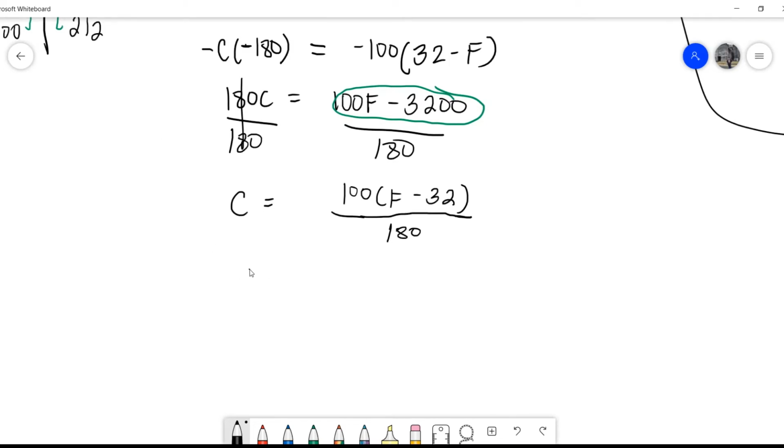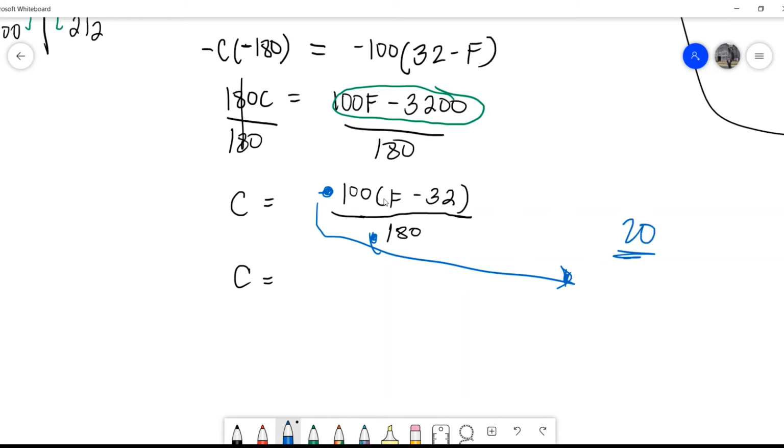So simplifying 100 over 180, these two values can both be divided by 20.